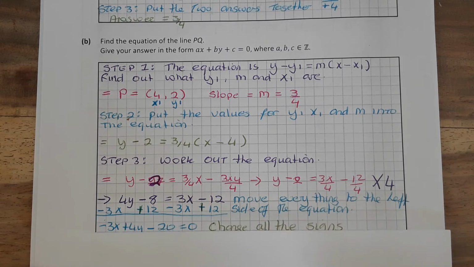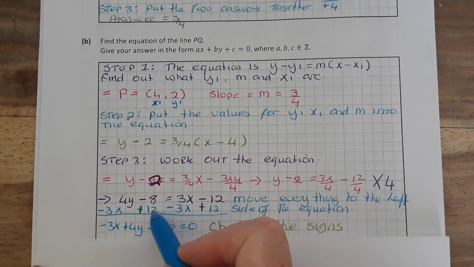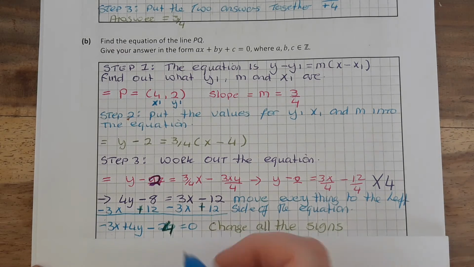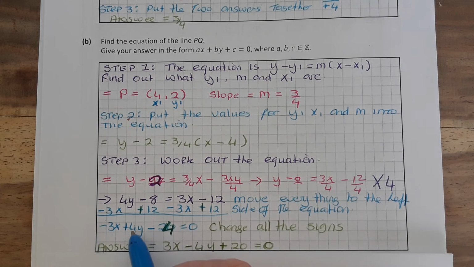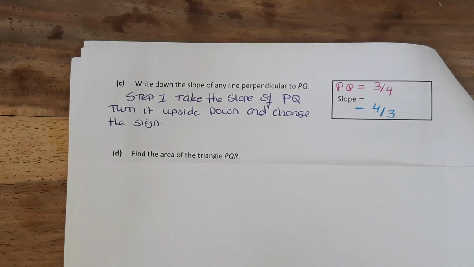So you end up with minus 3x plus 4y, and 12 minus 8 should have given me 4, because I just did the wrong sign there. So let's change that to 4 equals 0. Change all the signs. So minus 3x becomes plus 3x, plus 4y becomes minus 4y, and minus 4 becomes plus 4 equals 0. Okay, and that is how you do part B.